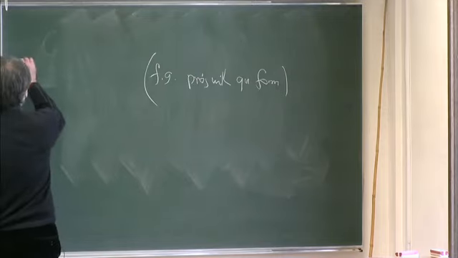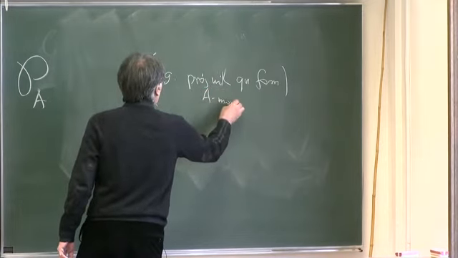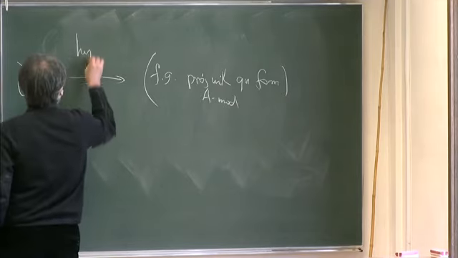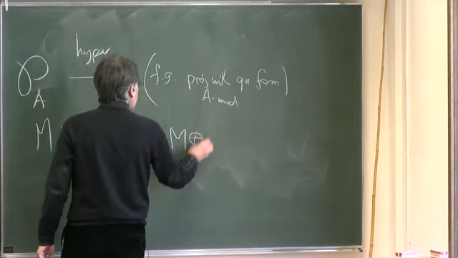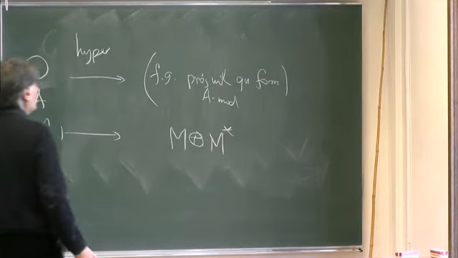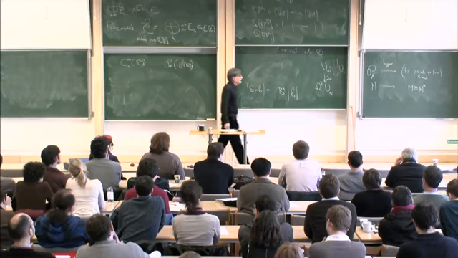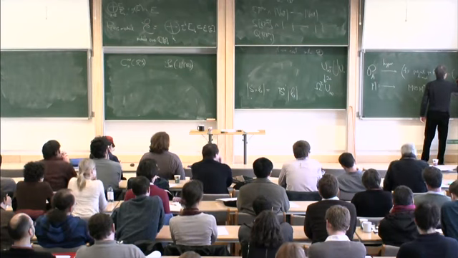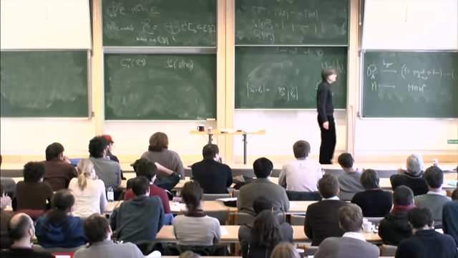So from the original category, these are A modules, we have a functor like that, which is the hyperbolic functor, which takes a module to the module plus its dual, which you can do for a finitely generated A module. And that's the thing which puts the manifold with boundary inside the boundary. And we're interested in the cofiber of this.